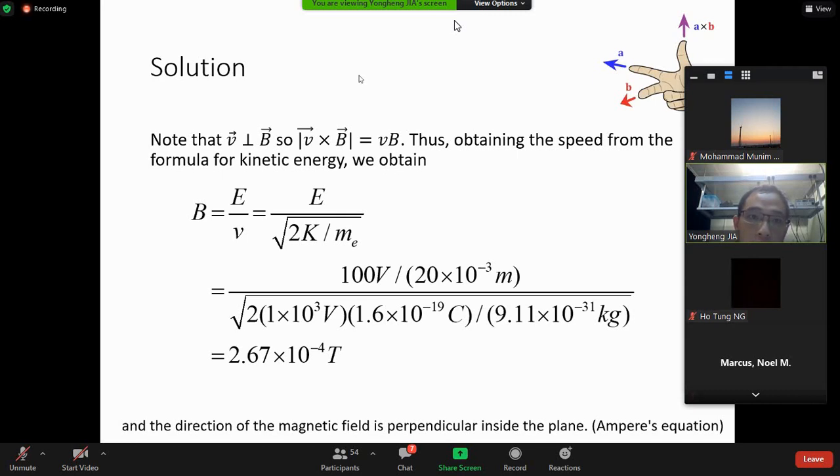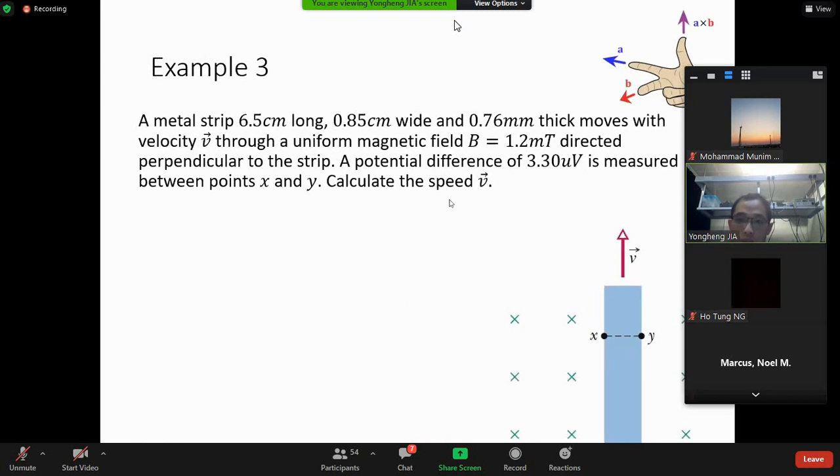Now let's look at the next example. Here, again, I give you 1 minute to have a look.